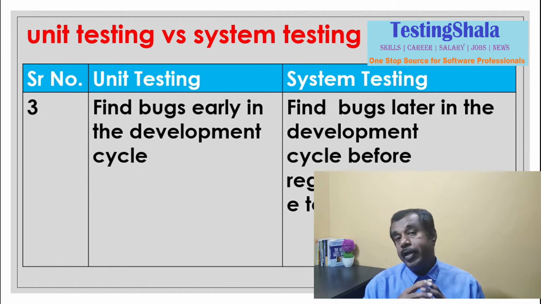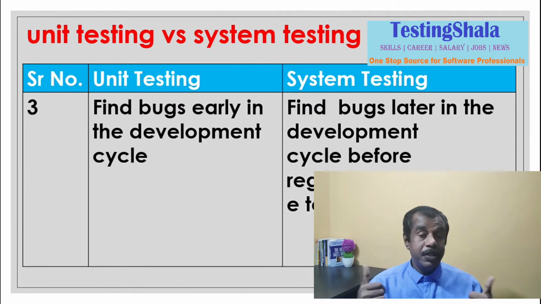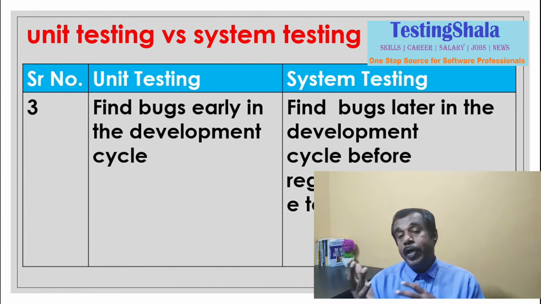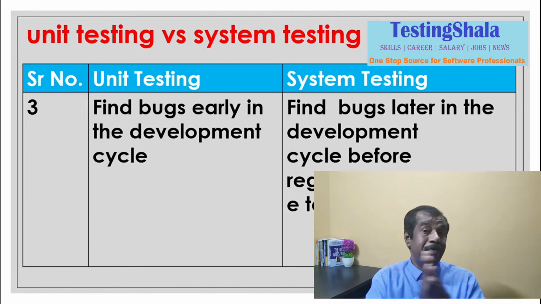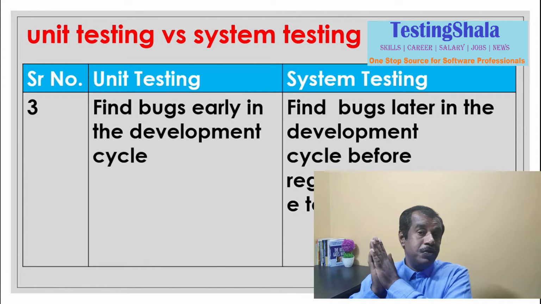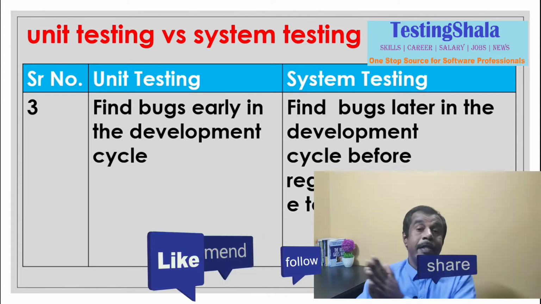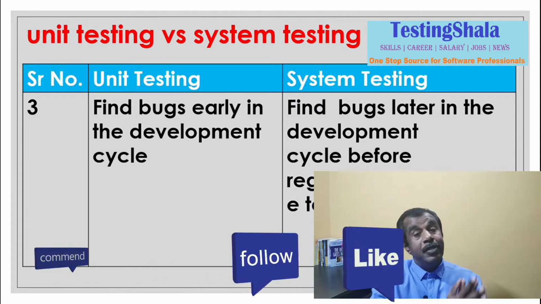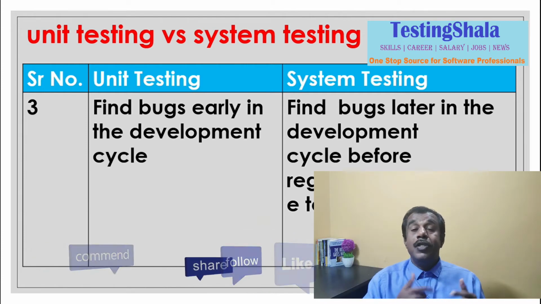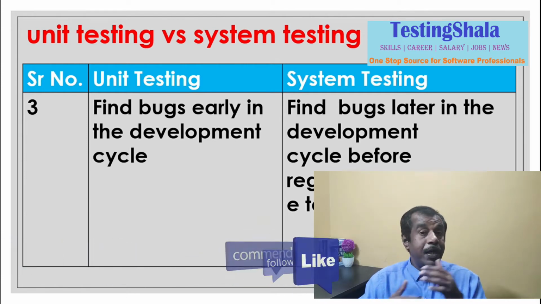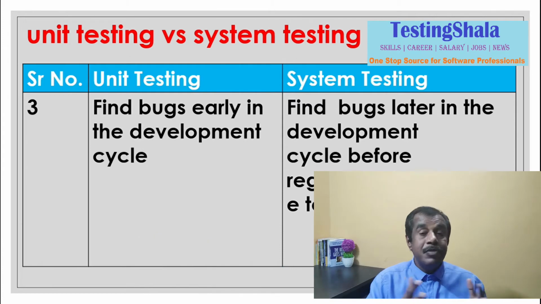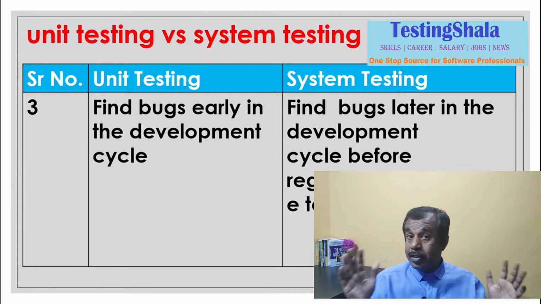The third important difference is about unit testing. Nowadays we normally follow the concept of shift left. We are trying to do all the testing in the early phase, hence unit testing is given a lot of priority. When the developer is able to find the issues himself in the beginning, then the cost of fixing those issues is reduced drastically.